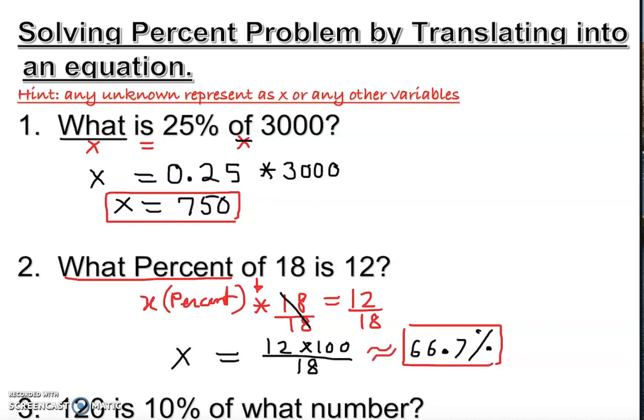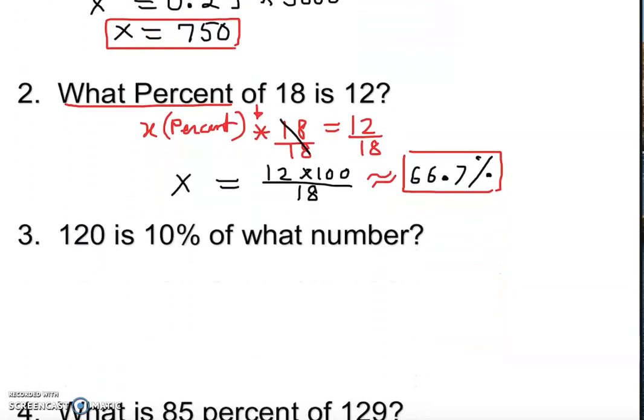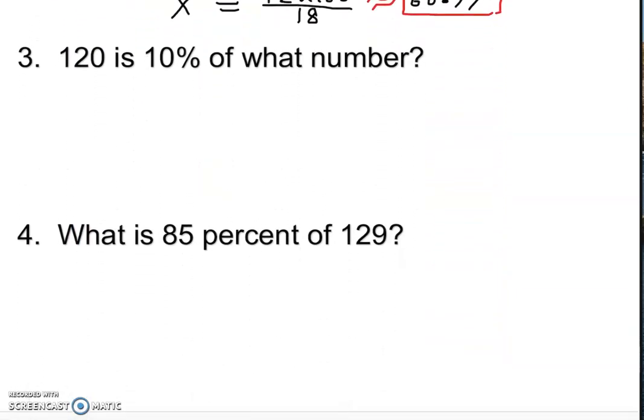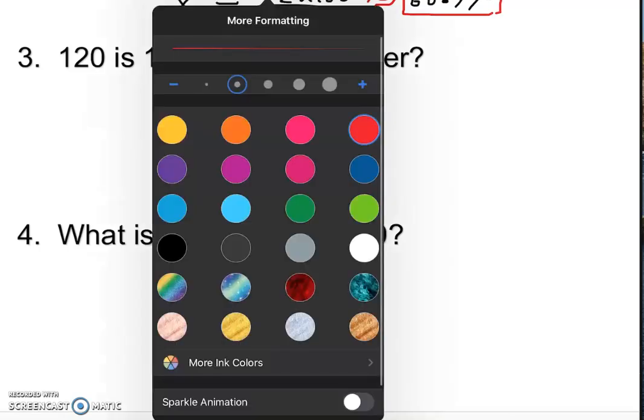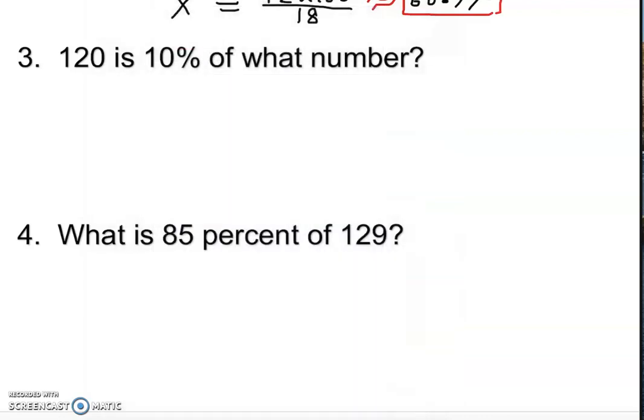Now we're going to do number 3 and 4. Let's take a look here. We can do both of them here on the screen. All right, so we can actually work it out on this one here. Carry down 120. Is means equal, as all of us know by now.